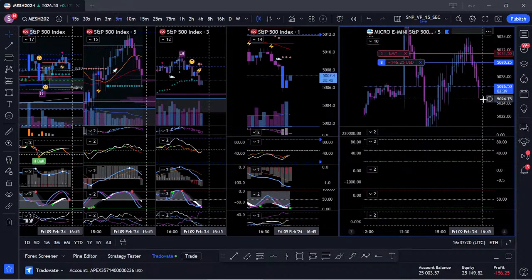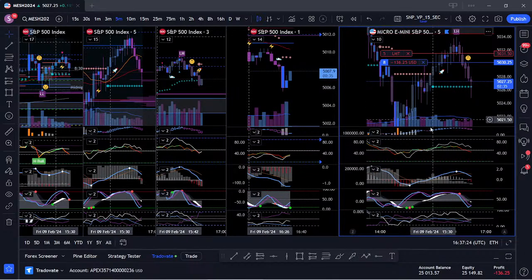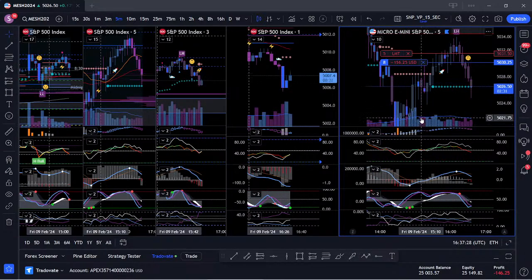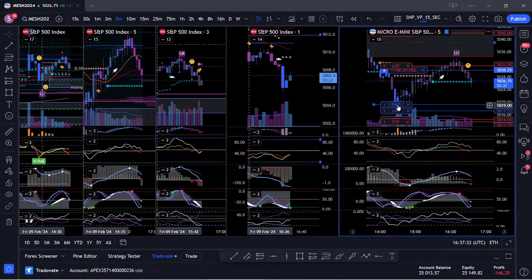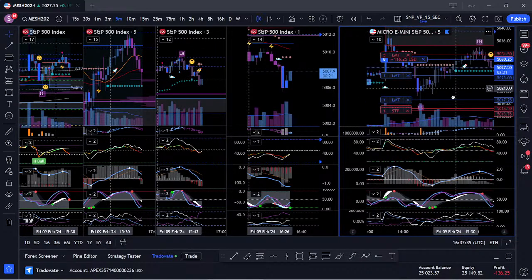So let's see. See, this area is good. That's a new low, but this failed to make a new low. It's good to just buy one more. This is at the end.